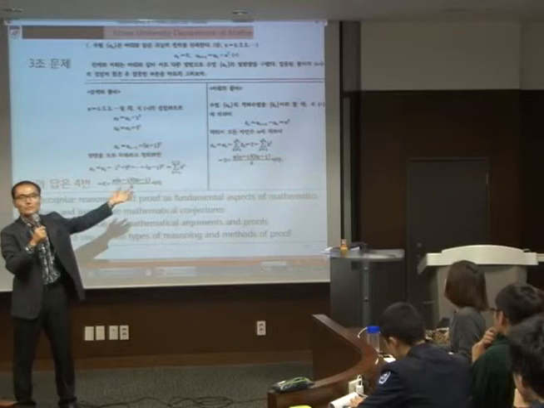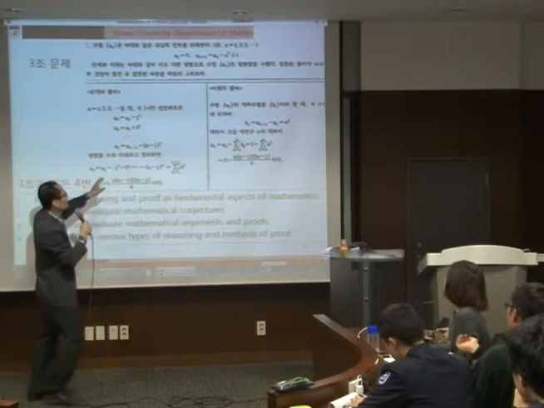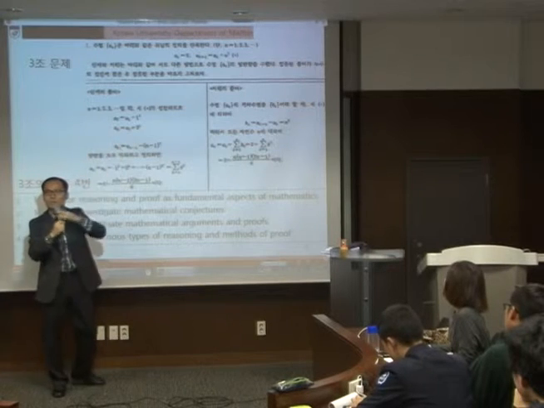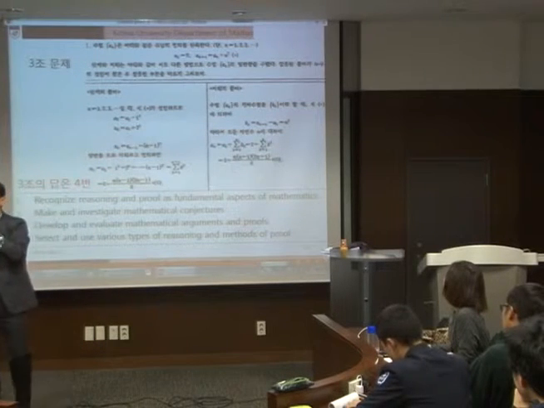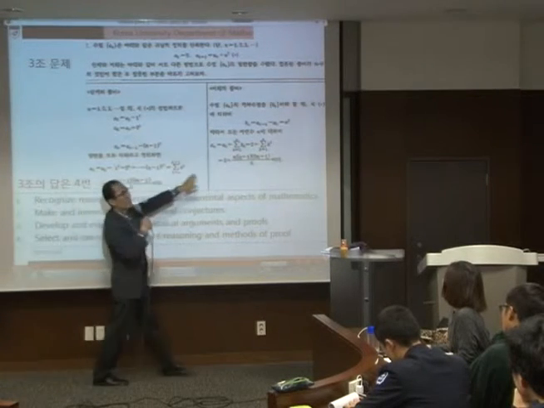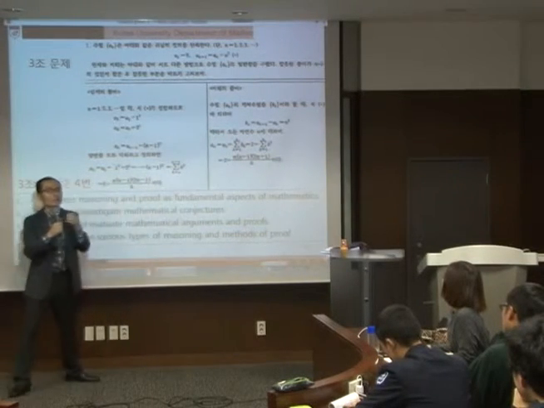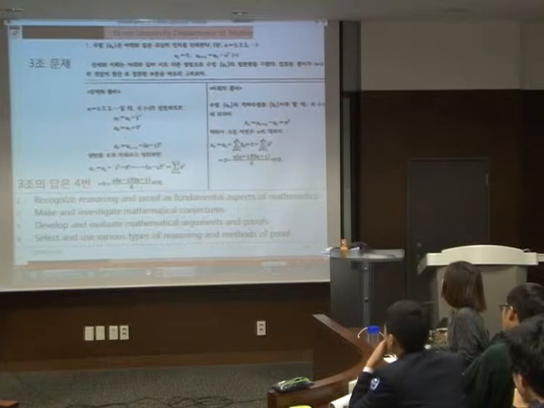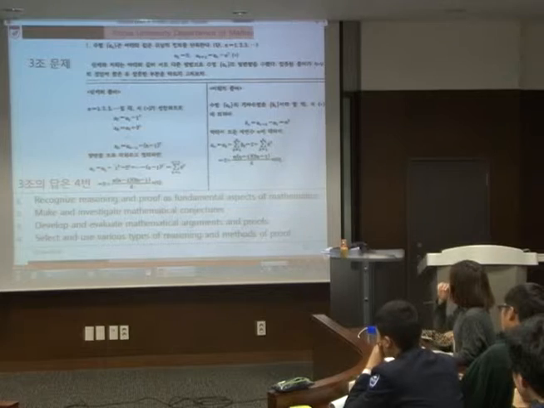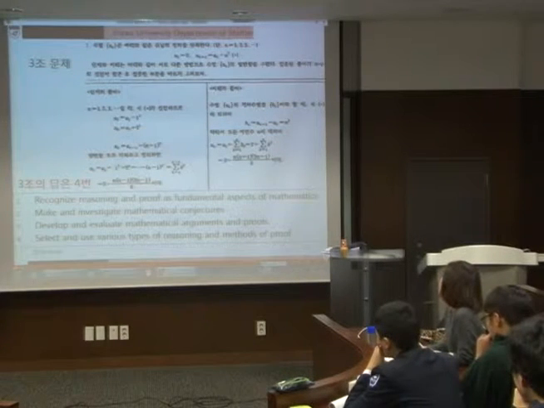If I grade this problem, after asking students to solve this problem with two different types of reasoning, if students solve it this way, I'm probably going to give full credit, because I'm thinking maybe this is enough.